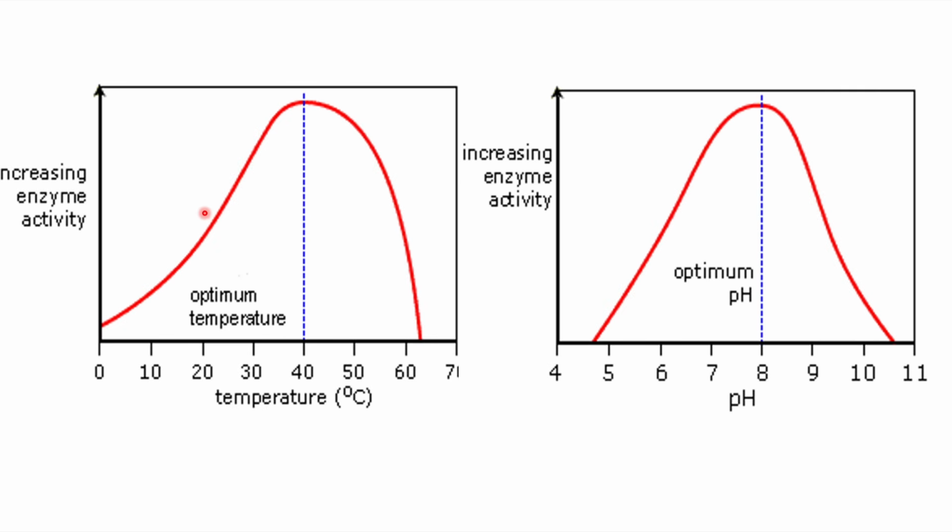Starting from here, moving to the maximum at the top here, and again decline. By looking at this, figure out where is the optimum temperature, where is the enzyme doing a perfect work, high product of reaction. Sure, we'll try to find it, and it's 40 Celsius degree for that enzyme.